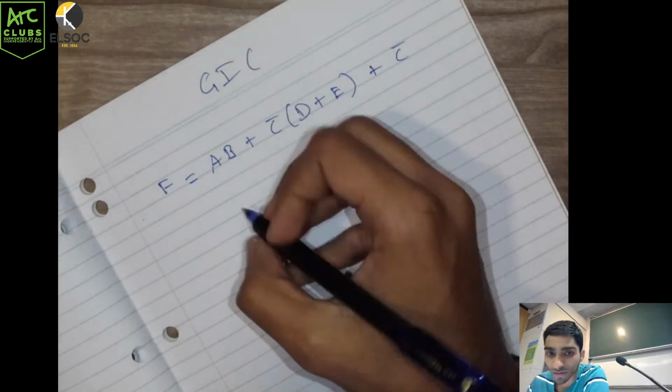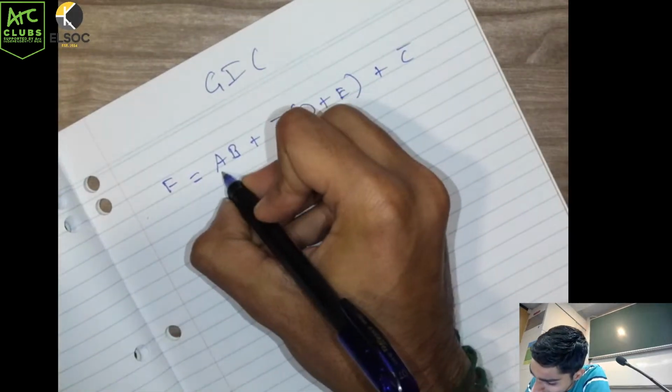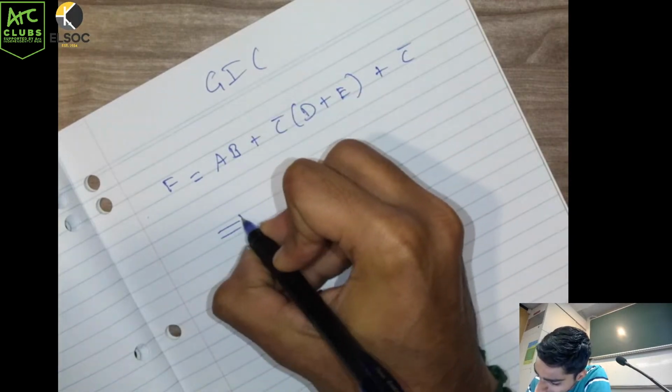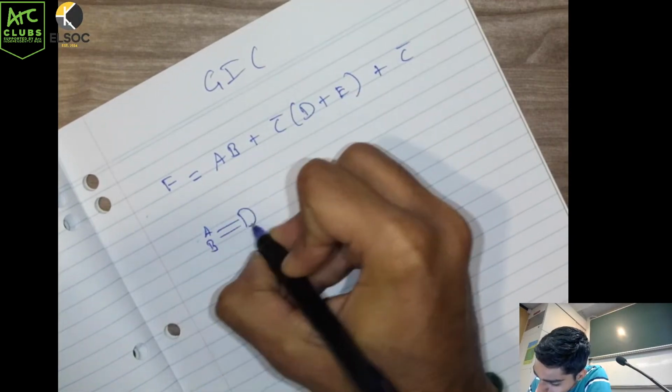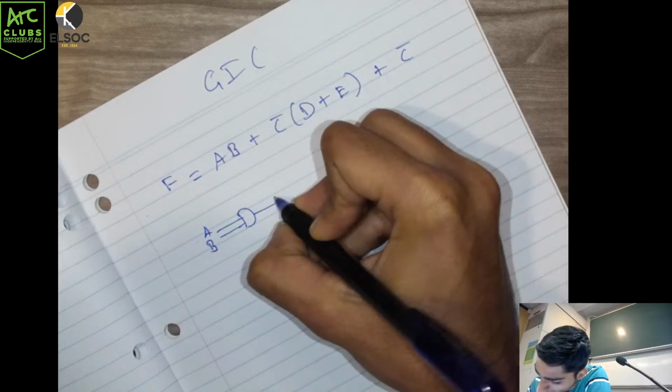We can do the graphical one first. The way we can do that is, so this is an A and B, so we can take A, B, AND them together, and we have an output.